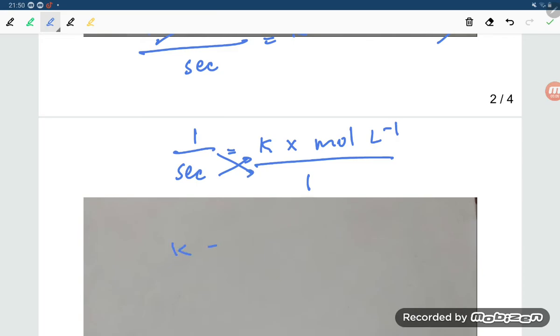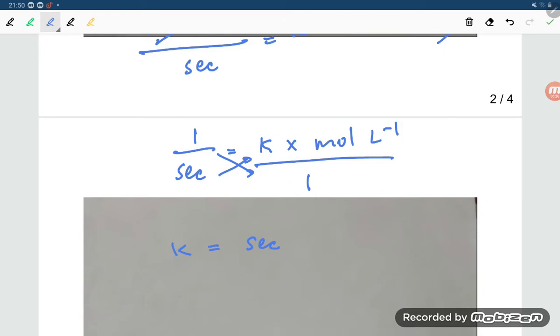K is equal to, this all will be coming in the same way, student.